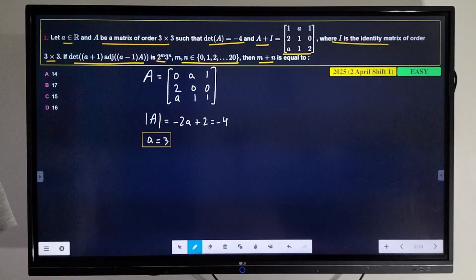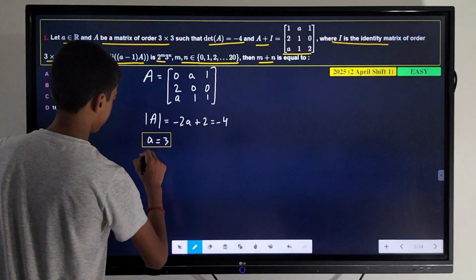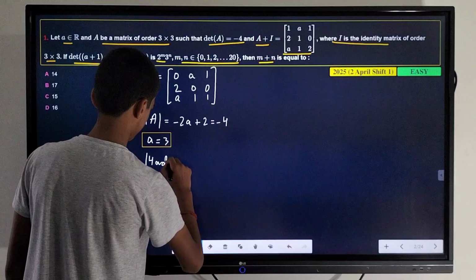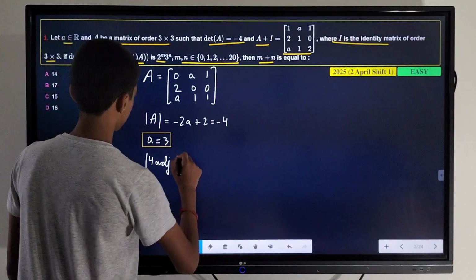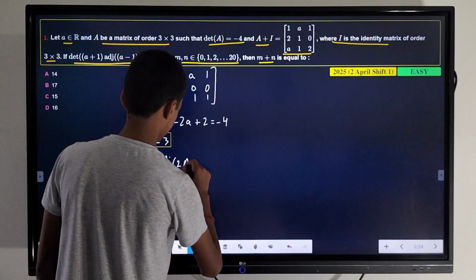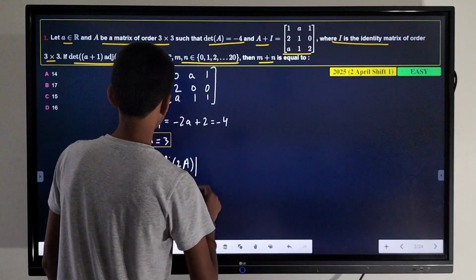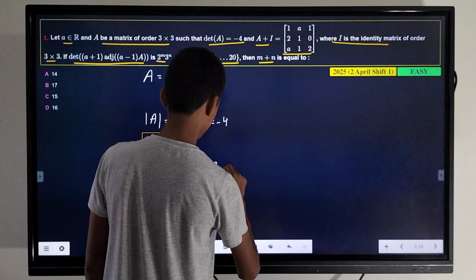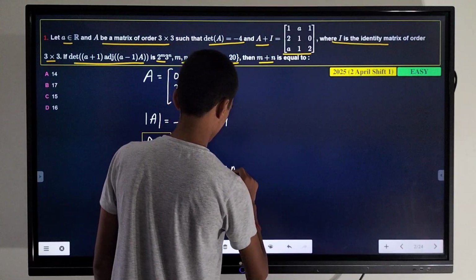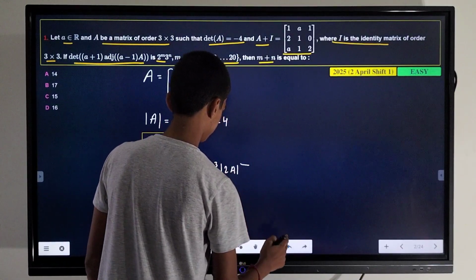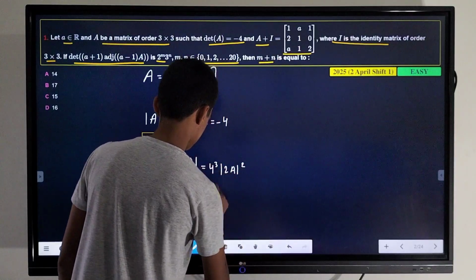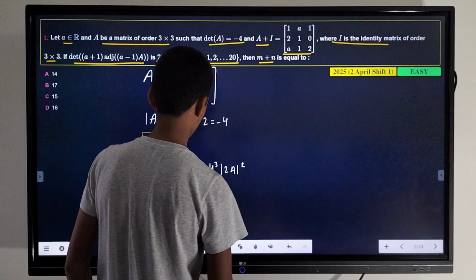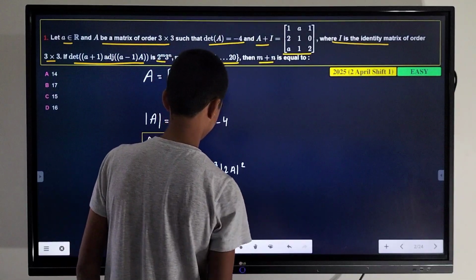Our a is equal to 3, then this determinant will be determinant of 3 plus 1, 4 adjoint of 2A. So this is equal to 4 cube determinant of 2A whole square. This is equal to, we can write 4 cube as 2 raised to power 6.